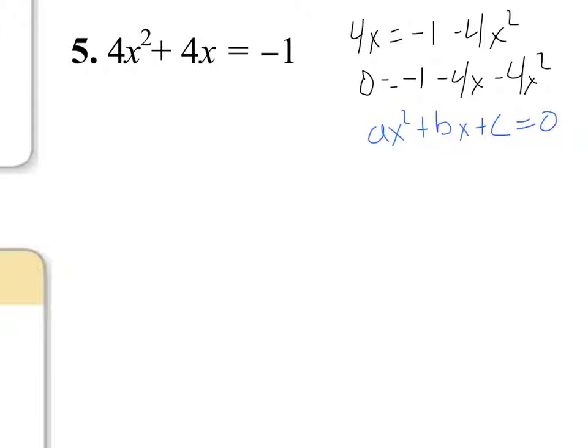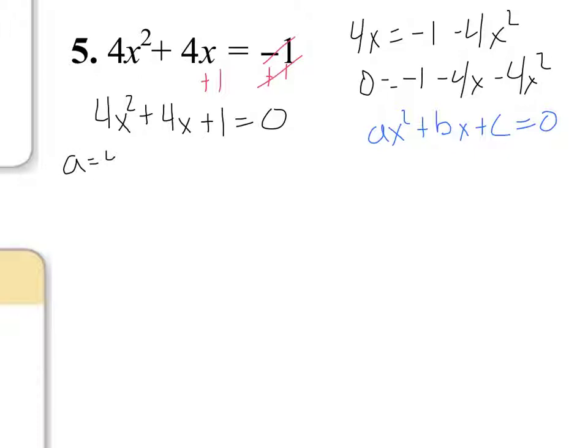So that might involve some multiplication, some distributive properties, some adding or subtracting from the left side to the right side, things of that nature. Which, like in this case, to get it in standard form, we have to add 1 to both sides. So we get 4x squared plus 4x plus 1 equals 0. And now we can identify a, b, and c.